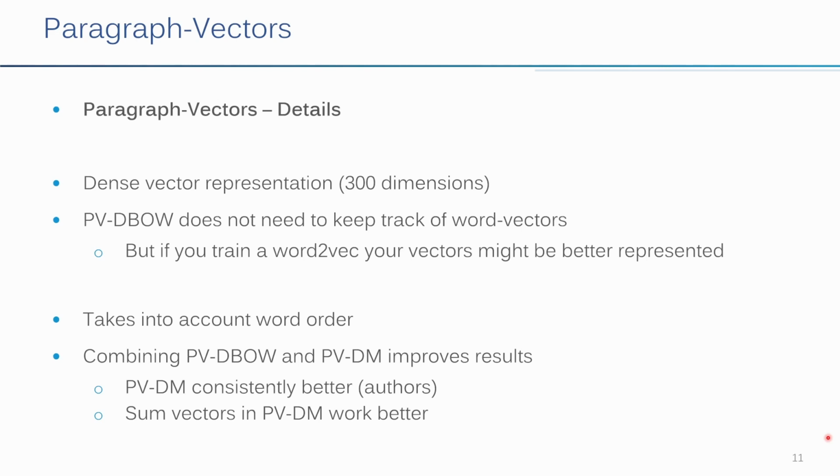In paragraph vectors, however, the order does play a role because the context will change depending on the order you have. As another detail on this approach, combining the distributed bag of words and the distributed memory does improve results on selected tasks. That was the case at least on document classification, for example.